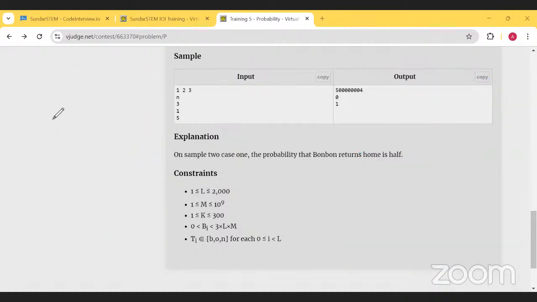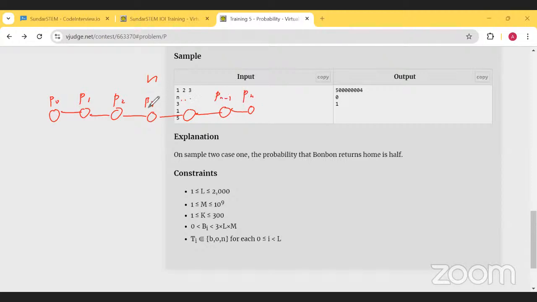Let's say there is a linear graph with length n. Then what is the probability of each of them? Let's say the probability is here p0, and then here p1, here p2, p3, and so on until pn.